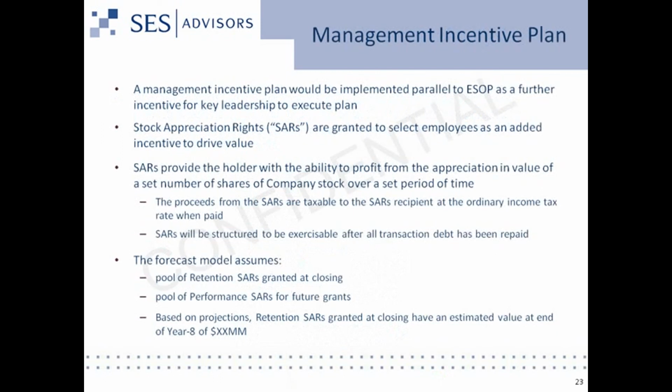One other tool in the toolkit that plan sponsors have available is a management incentive plan. Keep in mind that the ESOP is governed by ERISA, and as a qualified plan, ERISA requires that the benefits be shared among all eligible participants according to formulas created under ERISA.